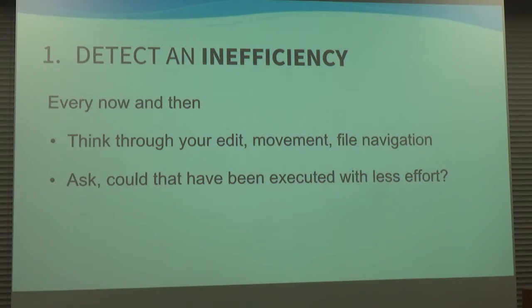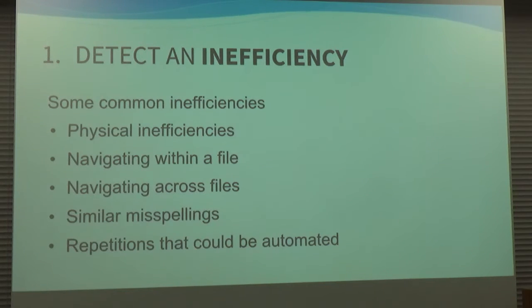And to give some concrete examples of these inefficiencies, I just listed a couple off the top of my head. The first ones are physical inefficiencies, such as having difficulties to touch type or maybe reaching for keys that are very inconveniently placed, like the arrow keys, for example.